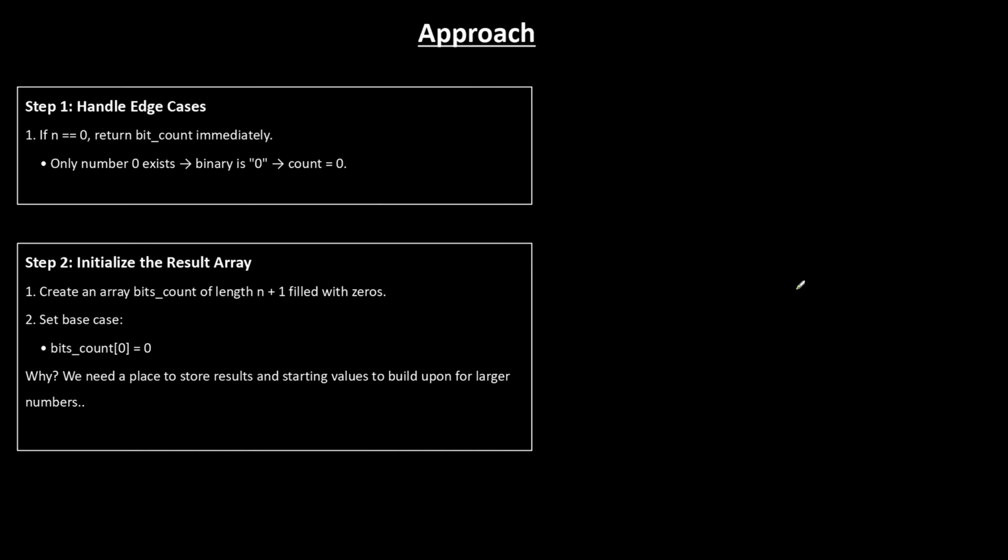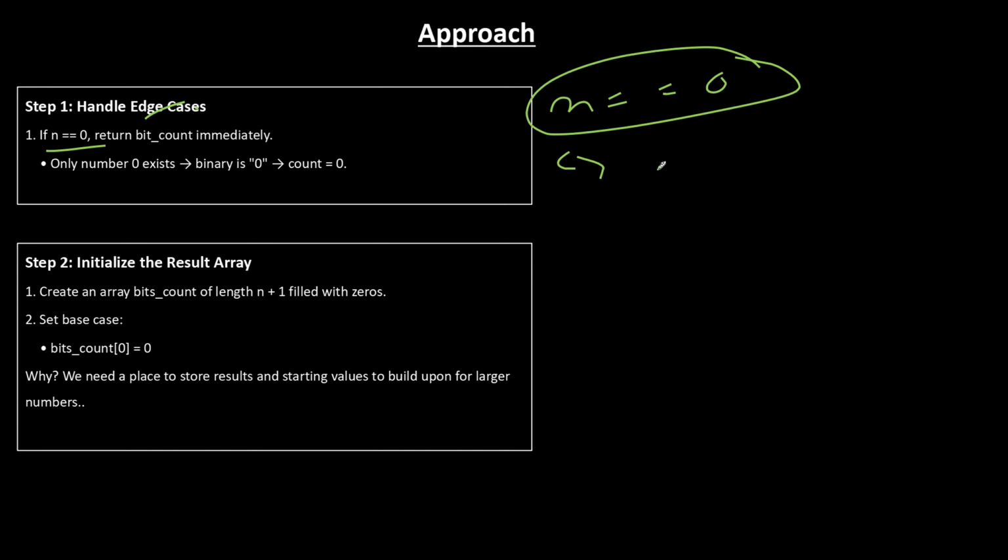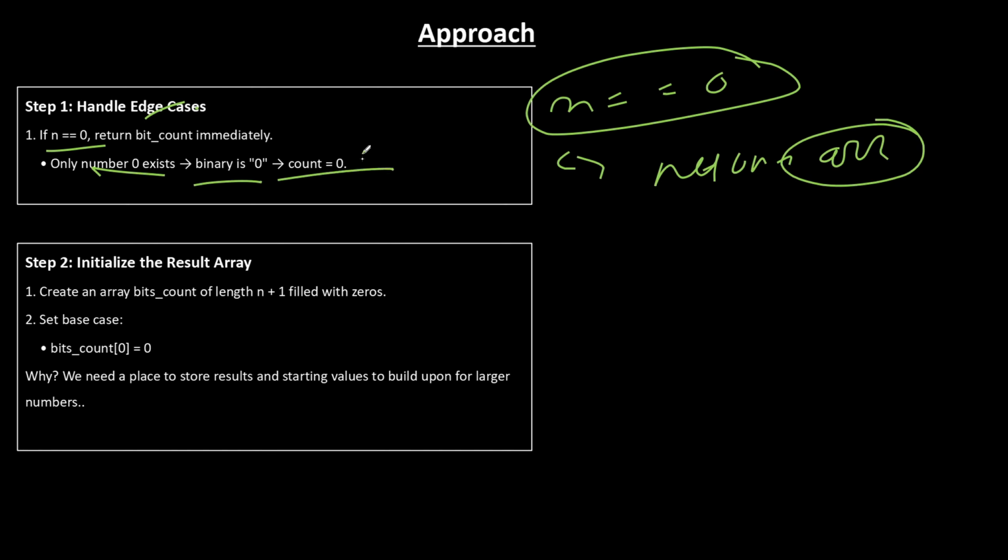Now, since we got the intuition of the problem, let's look into the approach for how we're going to solve it. First and foremost, we will start by handling the base cases. If n is 0, the number given to us is already 0, there is nothing to be done, right? We will just return the array which we created. Only number 0 exists for binary 0, so count is 0.